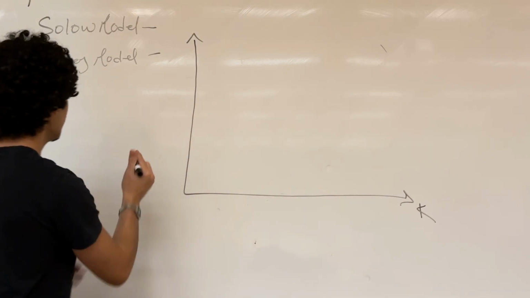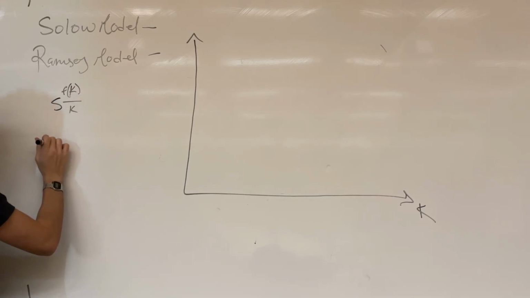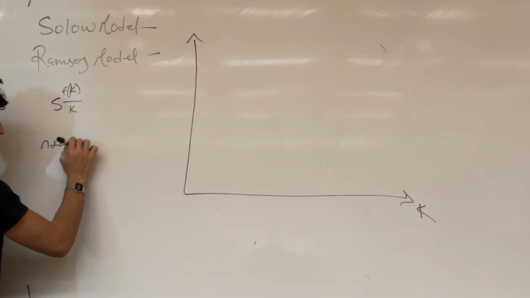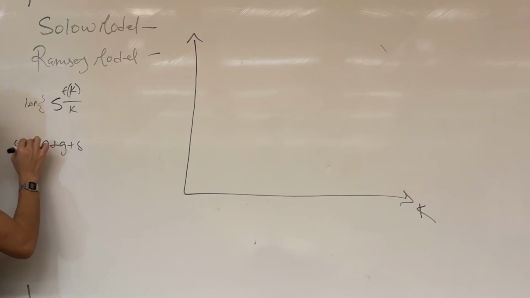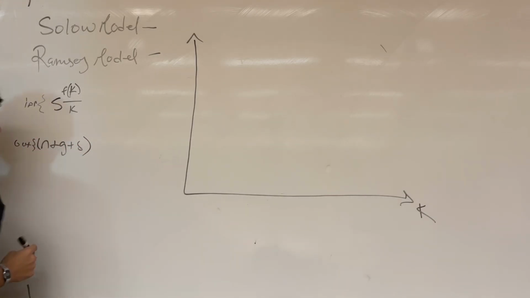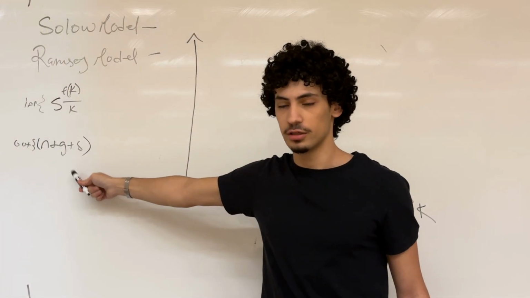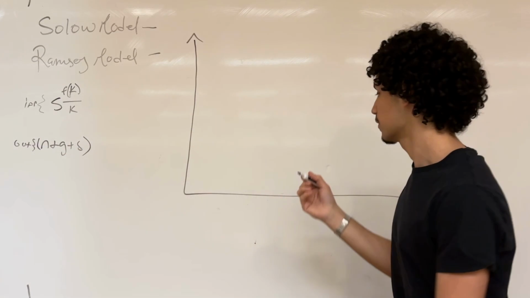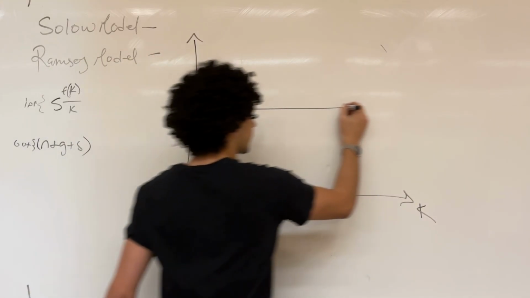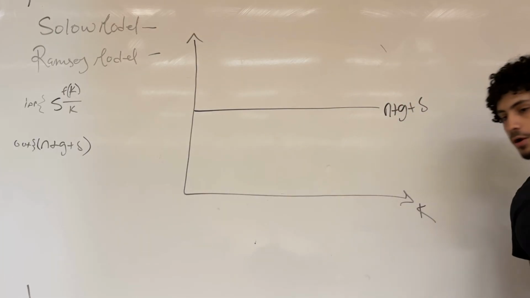To model sF(K)/K and N plus G plus delta, this is inflow and this is outflow. N plus G plus delta is a horizontal line because it's not multiplied by anything that grows over time. These are constants, so this is simply N plus G plus delta.